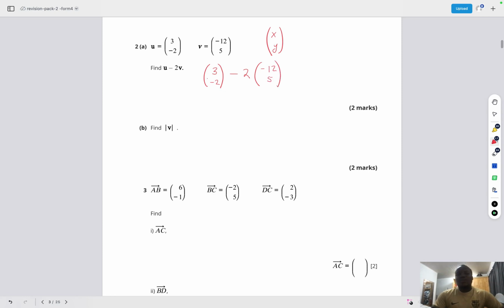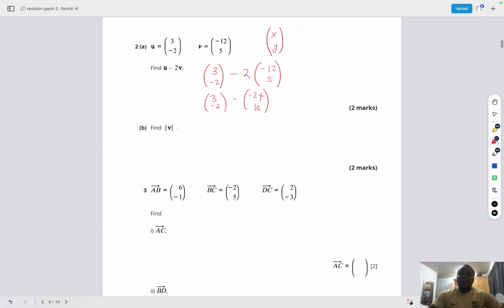What we do here is that this 2 is a multiplier and it multiplies everything inside. So in the next step, this is going to be minus negative 24, since 2 times negative 12 is negative 24, and 2 times 5 is 10. The x components subtract together, and the y components subtract together.